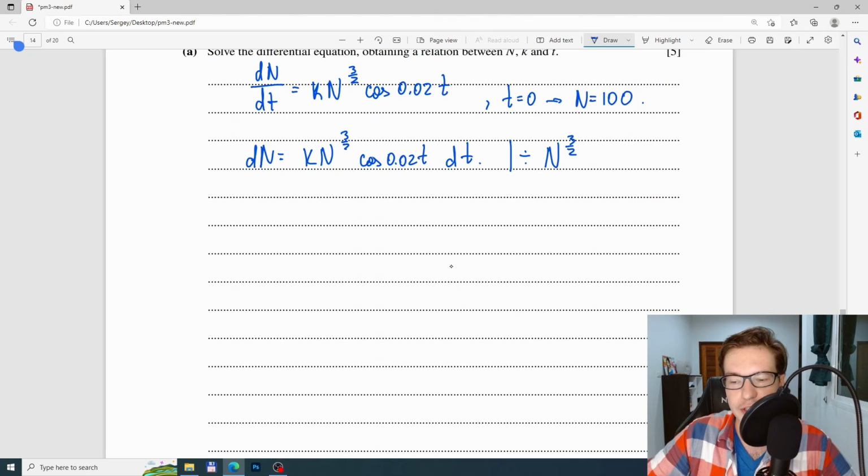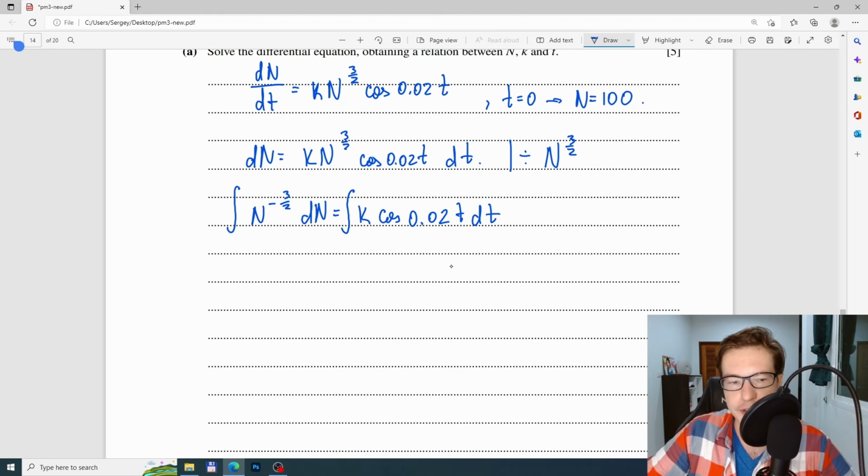And we'll get n to the power of minus 3 over 2 dn equals k times cosine 0.02 t dt. And now at this point, the variables are separated. We have n and dn on the left and t and dt on the right. So that means we'll have to integrate both sides.